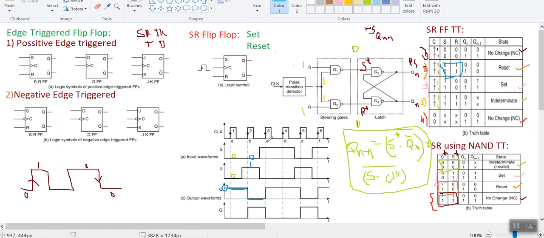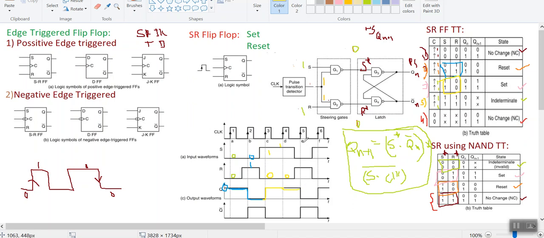Until point C, where again I get my edge triggering. At this edge triggering I have S equal to 1 and R equal to 0, which is the set state. Therefore there is an immediate transition from 0 to 1. At position D, again S is equal to 1 and R is equal to 0, which continues in the set state only.